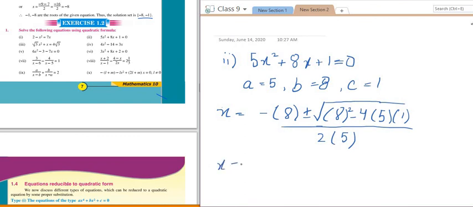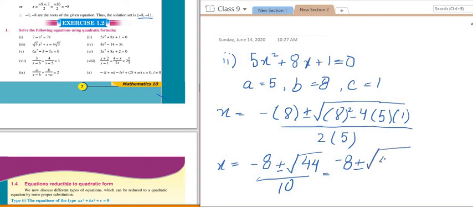This becomes x equals minus 8 plus minus square root of 8 square, and minus 4 multiplied by 5 is 20. It becomes 64 minus 20, which is 44, and 5 times 2 is 10. We can make factors for 44, plus minus.